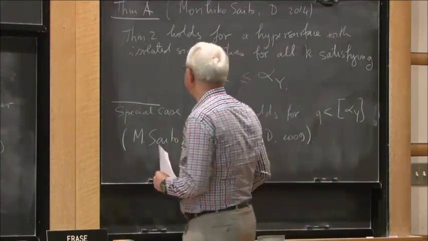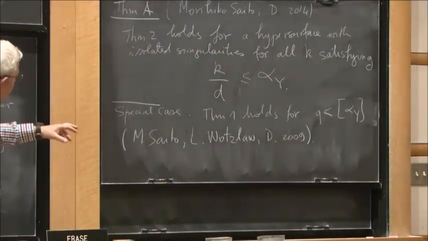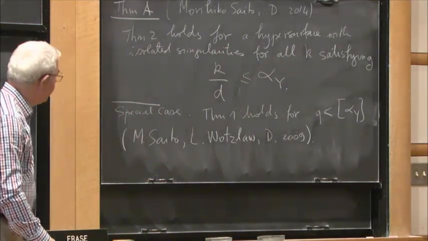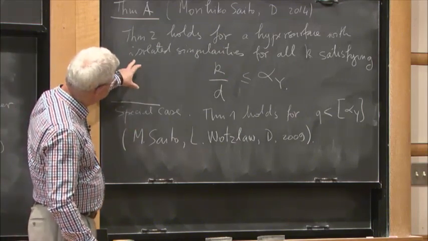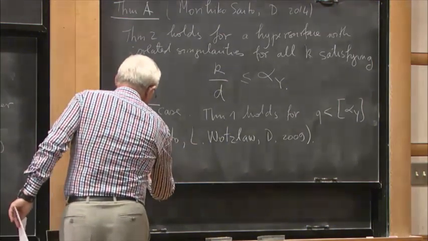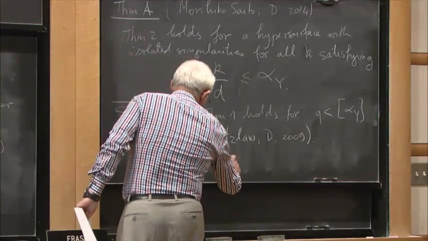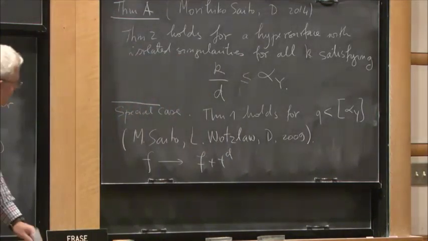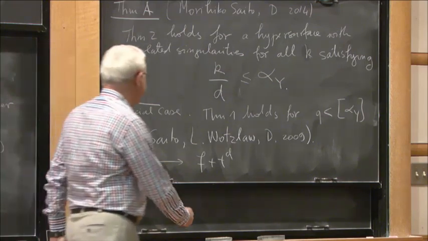And actually this special case plays a key role in the proof of theorem A, because in some sense we can reduce the general case to the special case by replacing f with some function obtained by adding a new variable, the so-called Thom-Sebastiani construction.